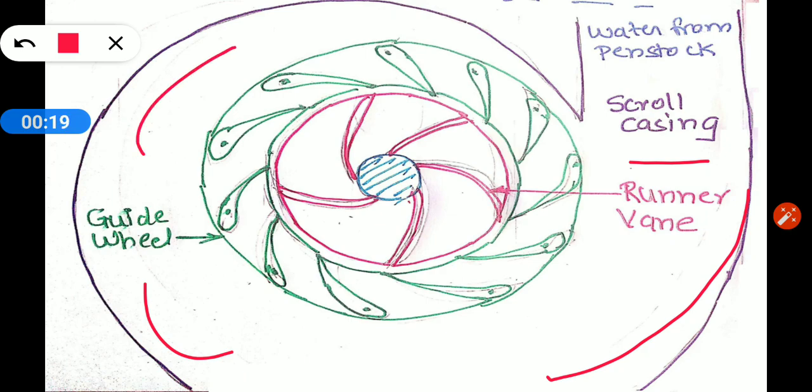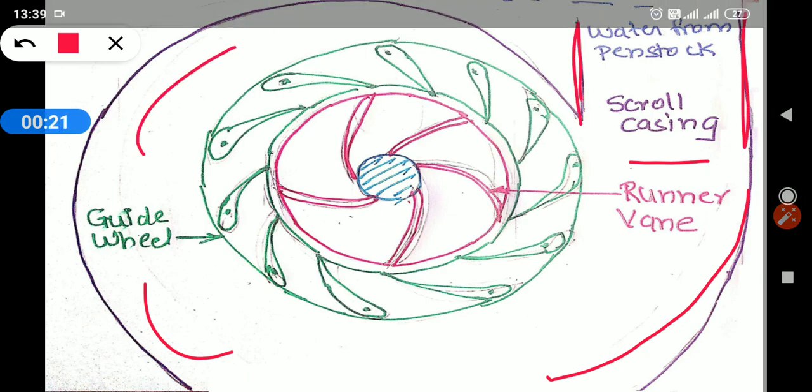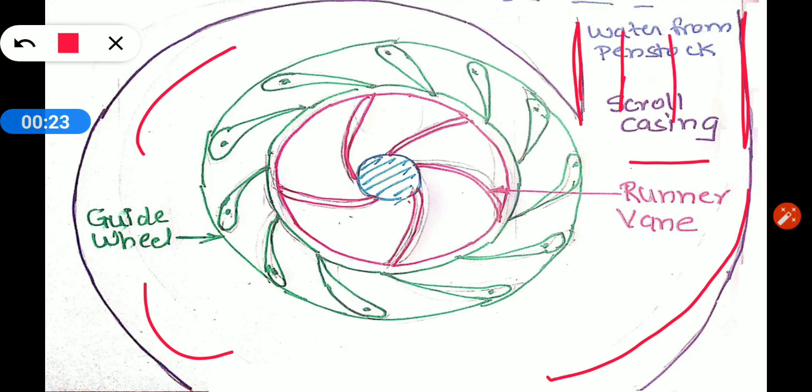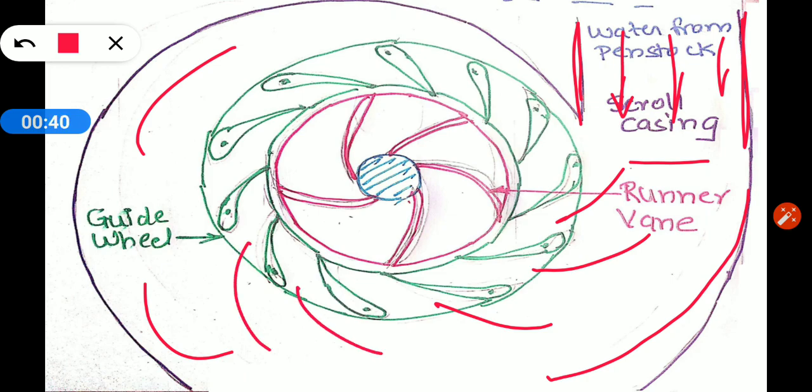Now this casing is connected with the penstock. So from here the water enters. It comes from the dam, fine, and then it enters into the casing. Now the reason why we are having spiral casing is that the moment the water will start entering into this passage over here, the guide wheel, the water quantity will go on decreasing. As the discharge goes on decreasing, at the same time we go on decreasing the area also.